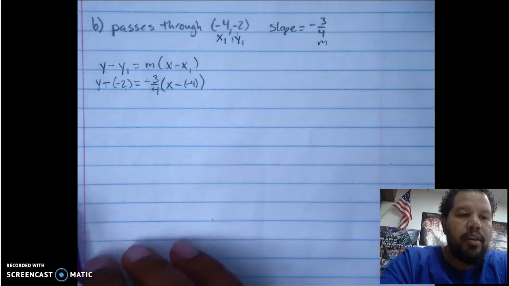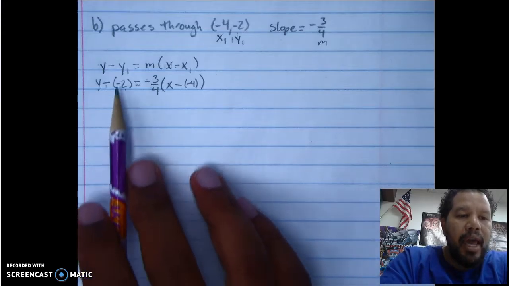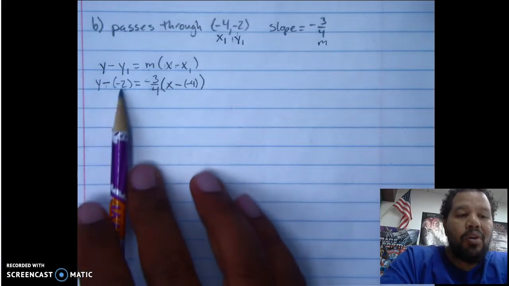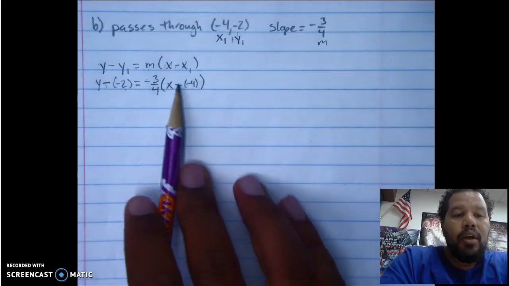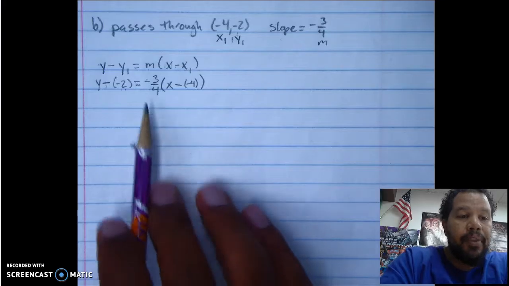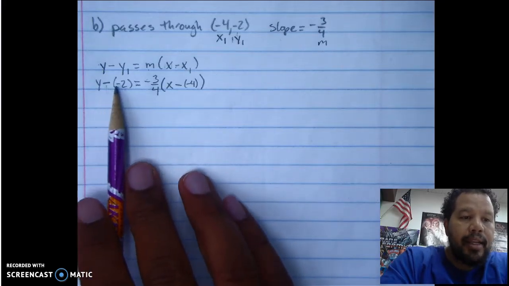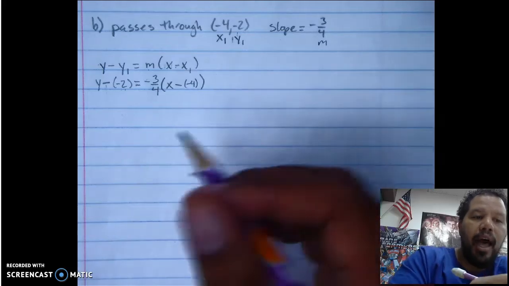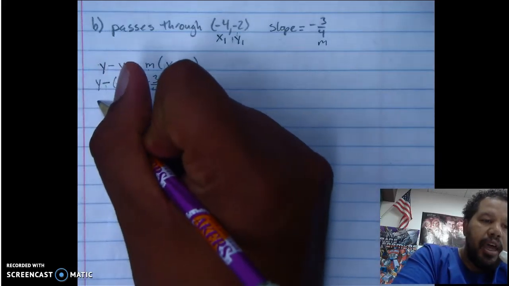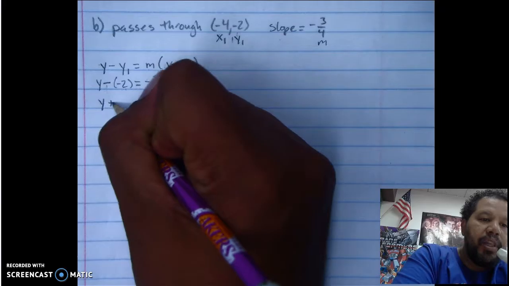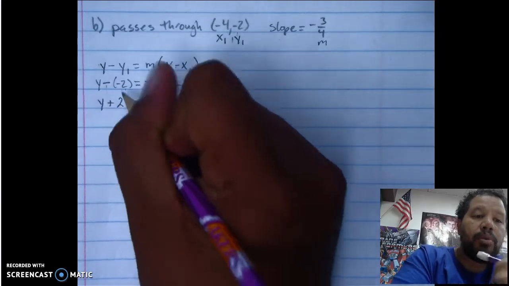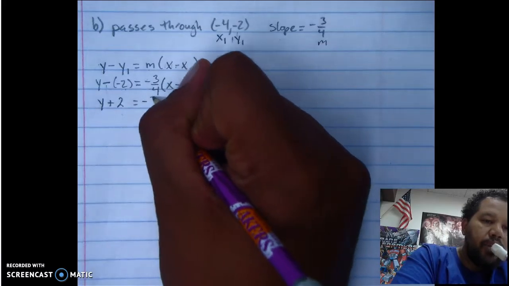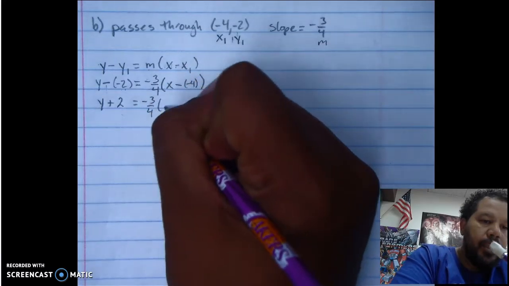So this is my equation in point slope form, but we do simplify it because we don't like writing double signs next to each other like that. If you recall, subtracting a negative is the same thing as adding the positive, or adding the opposite of that. So this is actually y plus 2, equals, we leave this as -3/4 x.